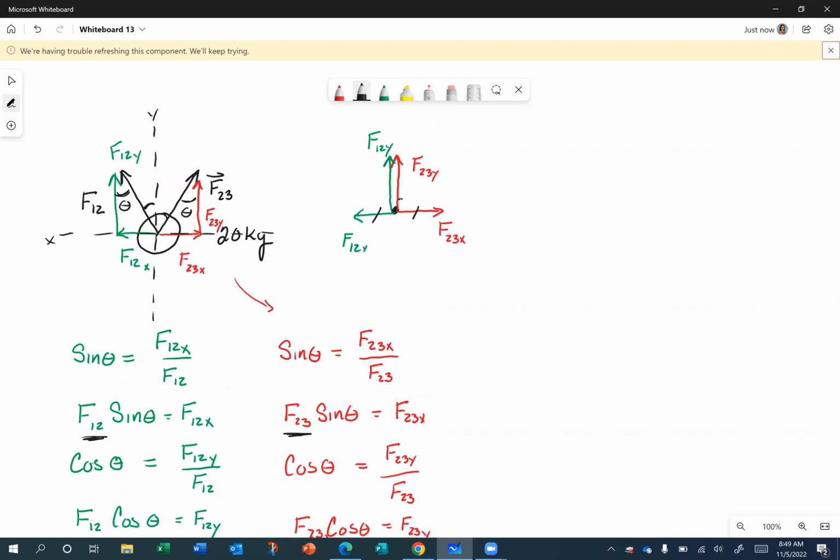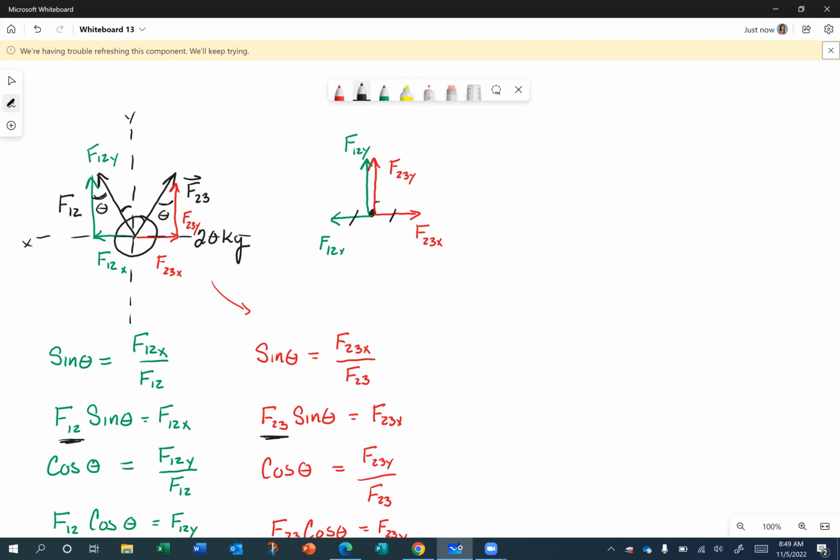So the net force that is here is simply going to be, so the force on the 2 is going to equal F12y plus F23y. Right, so we're just going to add those two up.